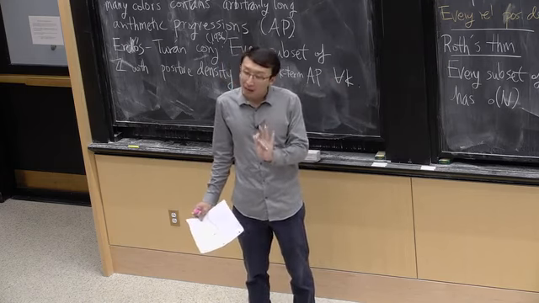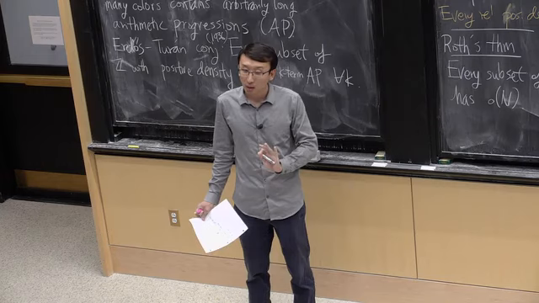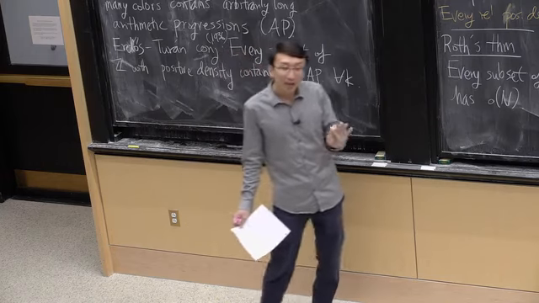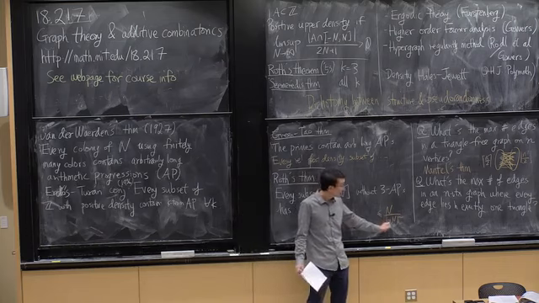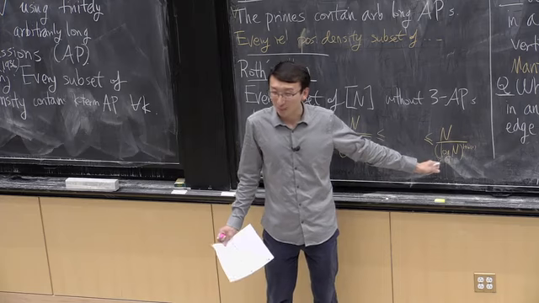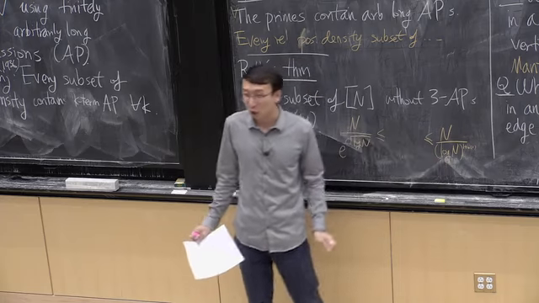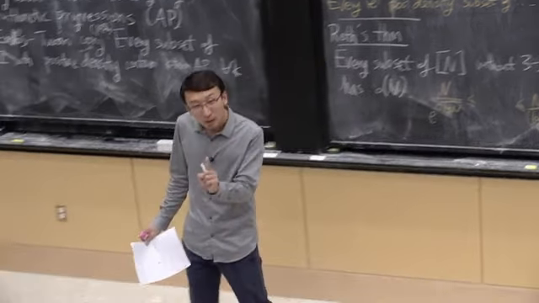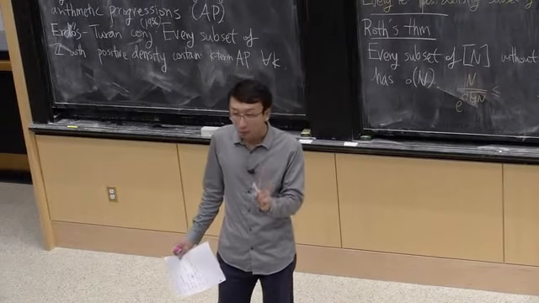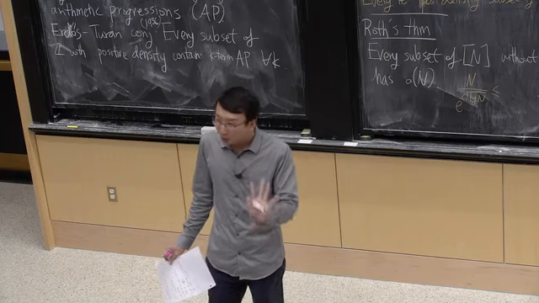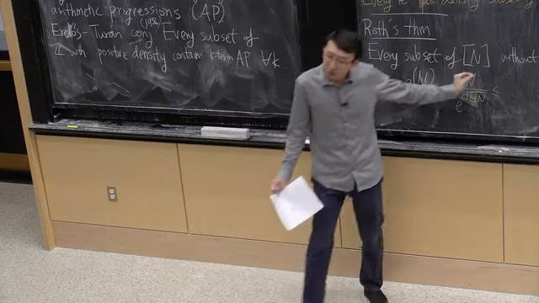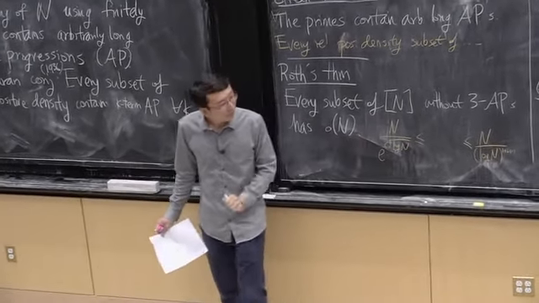And having divergent harmonic series is roughly the same as trying to prove Roth's theorem slightly better than the bound that we currently have, somehow breaking this logarithmic barrier. So that conjecture that divergent harmonic series implies 3-term APs is still open. The bound is very close to what we can prove, but it is still open.